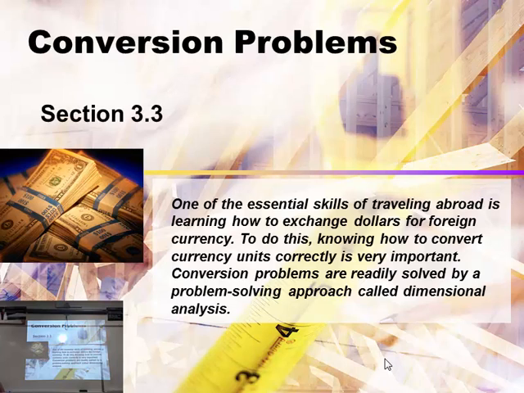The word dimensional analysis comes from the units themselves. Units are called dimensions. If you have a 3-dimensional shape, it means you can measure it 3 different directions. So that means you've got meters or centimeters, centimeters, and centimeters. Dimensions are not just centimeters, though. You could have temperature dimensions.